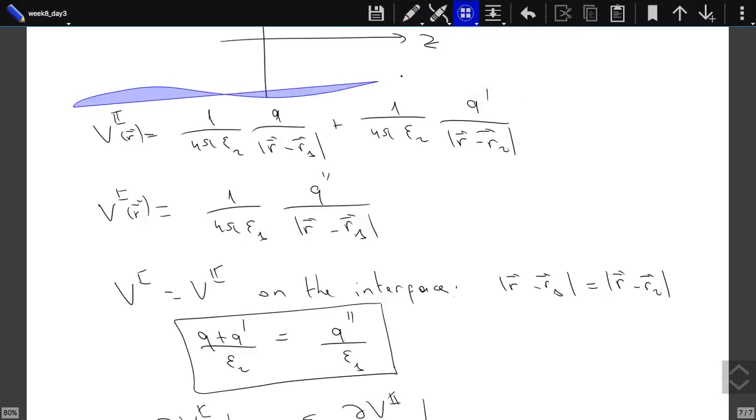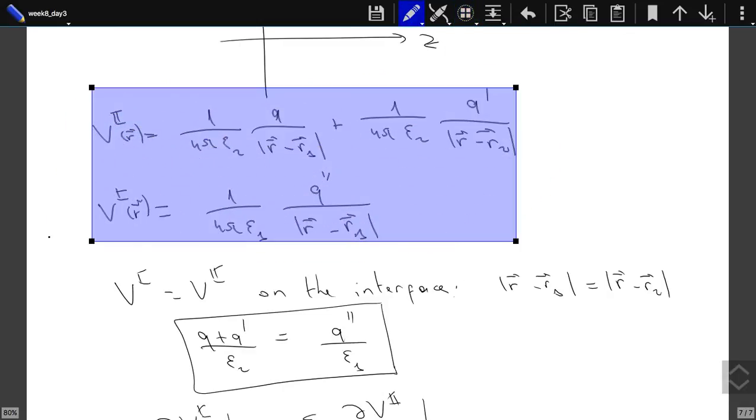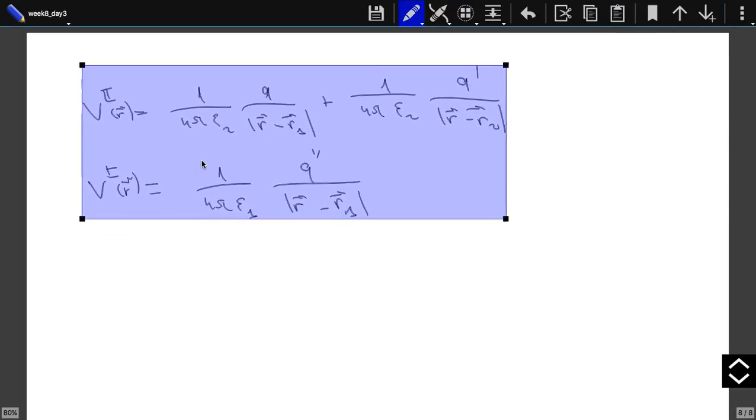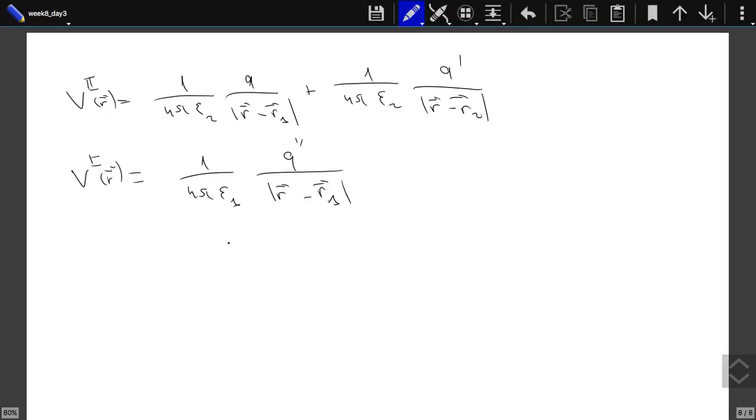So these are my potentials. I need to take their Z derivatives on the boundary and equate the two.